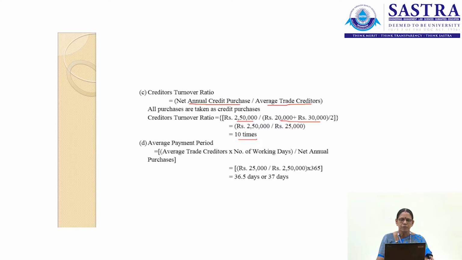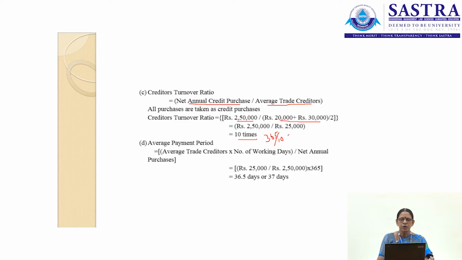As usual, when we have 10 times, 365 divided by 10 will get 36.5. You can take 365 days or 360 days, whatever number of days you are going to take. So it is 37 days.